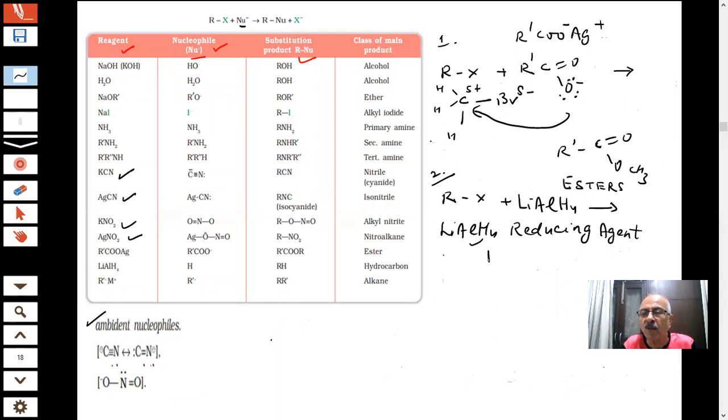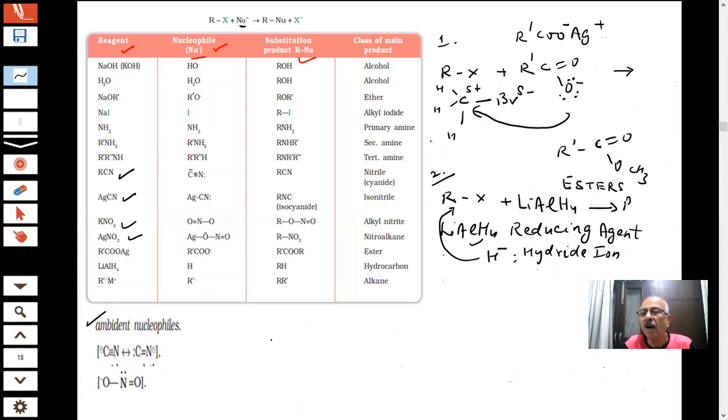Hydride ion. You have heard about the hydride ion. It has a negative charge. If H minus attacks this carbon, what will be the product, students?